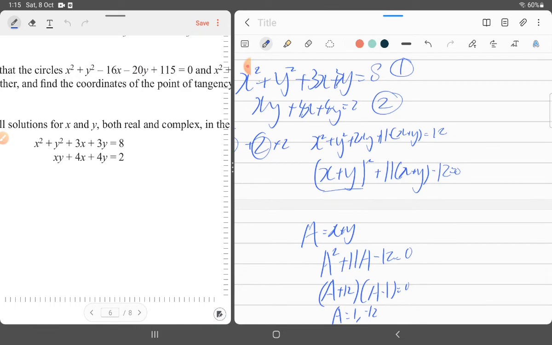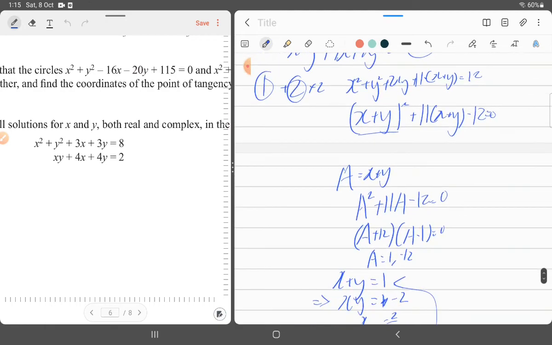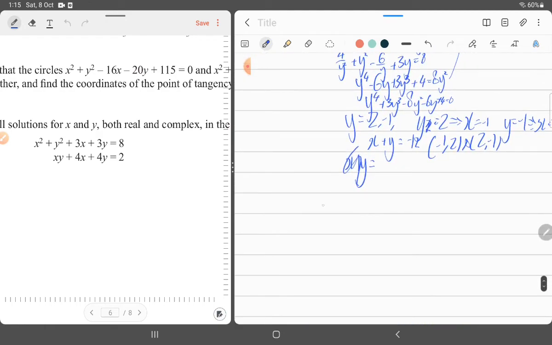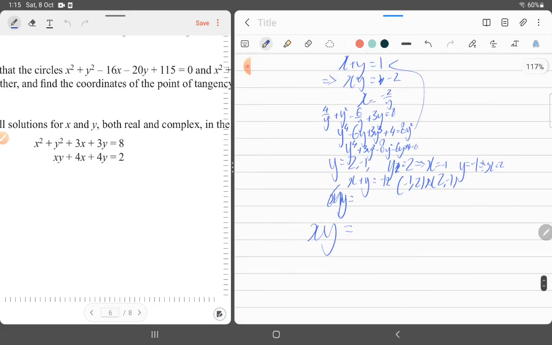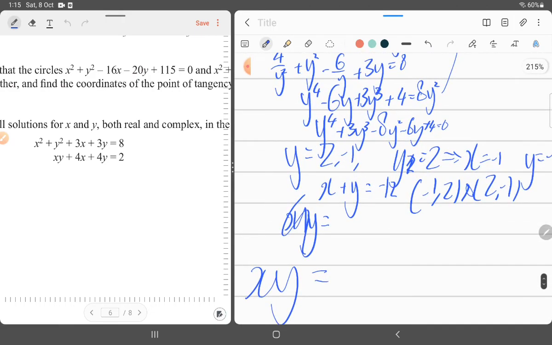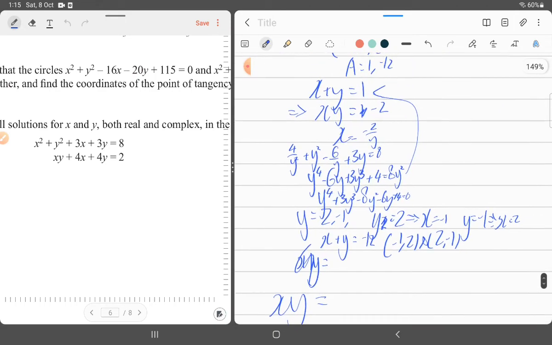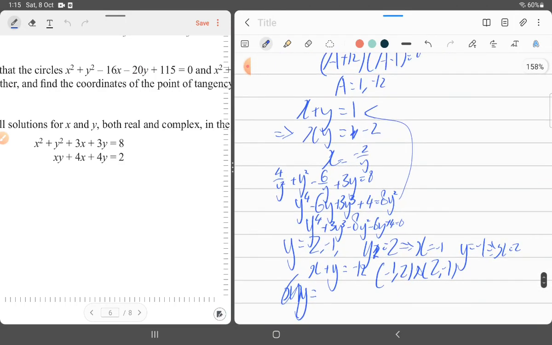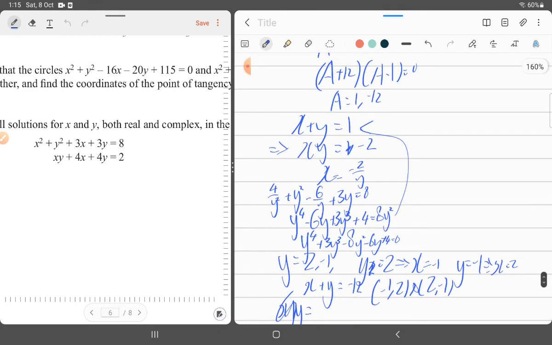Oh, no, I couldn't have. So, no, never mind. I'm a crackhead. Alright, so xy is equal to... Right, so x plus y is equal to negative 12.